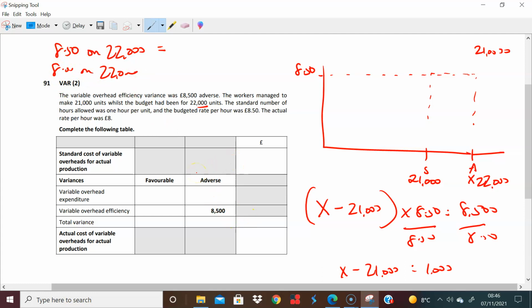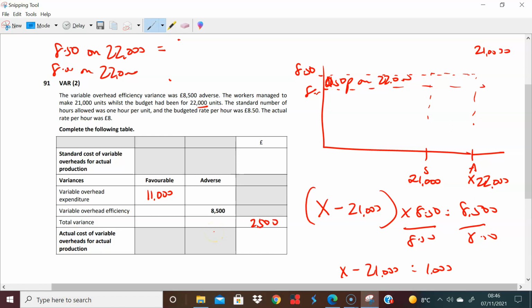The difference is 50p, and you actually spent £8, so you have a favorable variance of 50p on the 22,000 hours. Half of 22,000 is 11,000, so that's an 11,000 favorable variance. 11,000 minus 8,500 is 2,500, so you have a total favorable variance of 2,500.